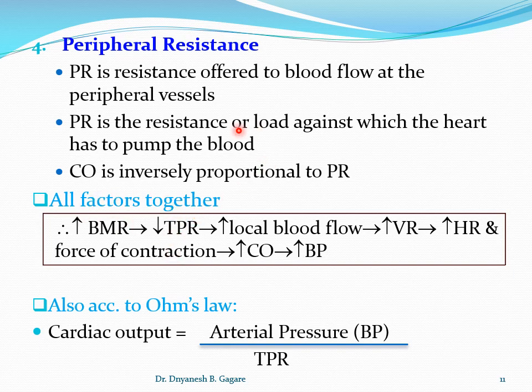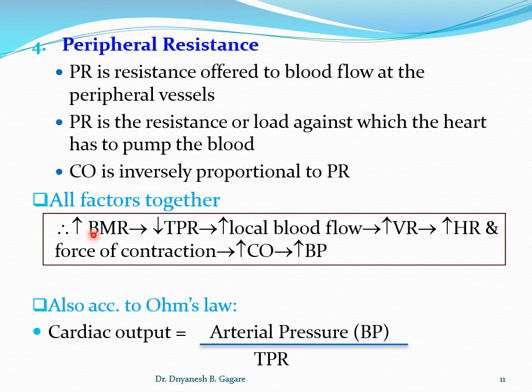If we take all the factors we discussed together, then see the relation of these factors with the cardiac output. Okay, so here the metabolism we have to discuss again under the factors which regulate the venous return. We'll go there, but before that I want to say that the metabolism, that is the basal metabolic rate, is the primary determinant of cardiac output.